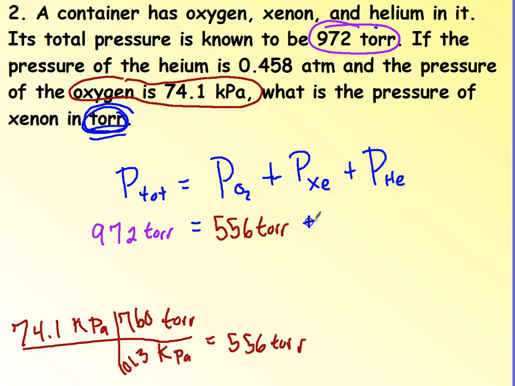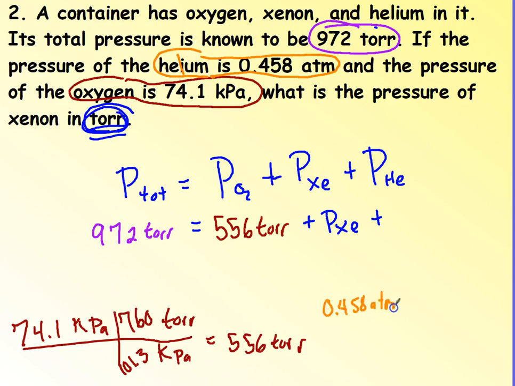Plus the pressure of xenon. We don't know what that is, so I'm going to leave it as Xe because that's what I'm trying to figure out. Plus the pressure of helium. Helium is 0.458 atm. That's not in torr, so I have to convert it.